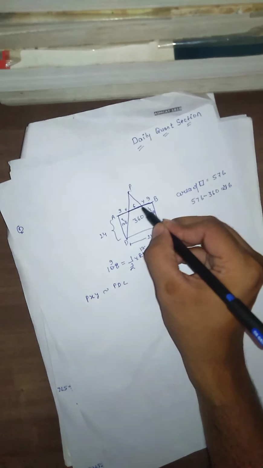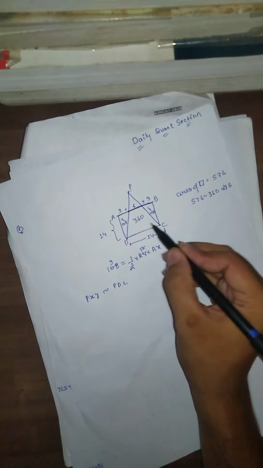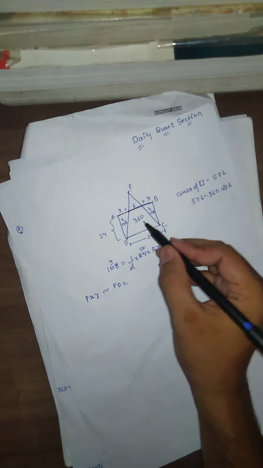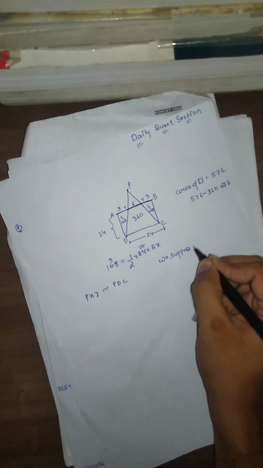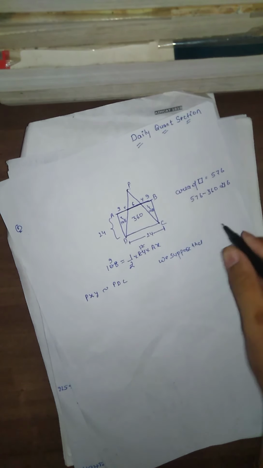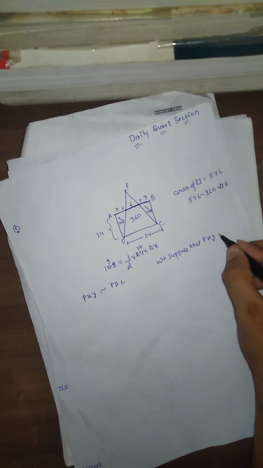We know that the XY side is 6, the side DC is 24, and the area is 360. We suppose that the area of PXY is equal to A, so the whole area is A plus 360.